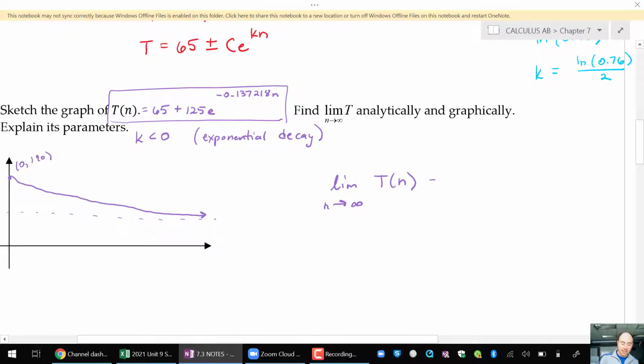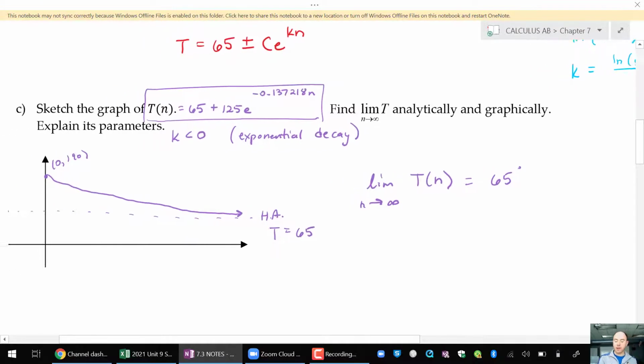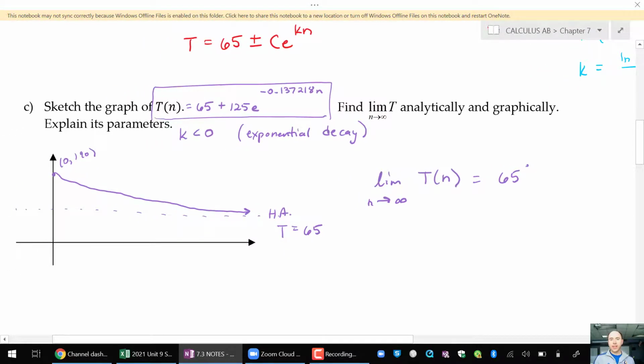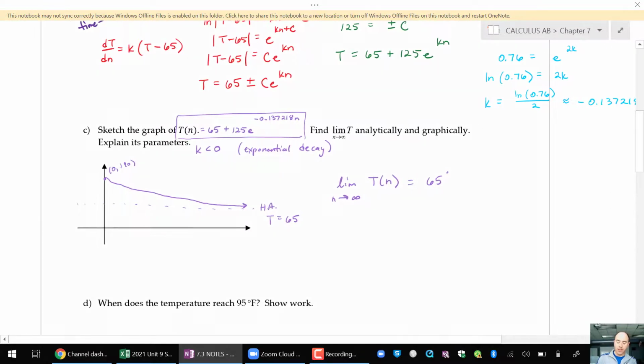So really that limit is just going to be approaching 65 degrees. This is the horizontal asymptote. T equals 65. Graphically, y equals 65. The coffee is not going to cool any cooler than the surrounding air temperature in the environment. So there's your limit and the asymptote.